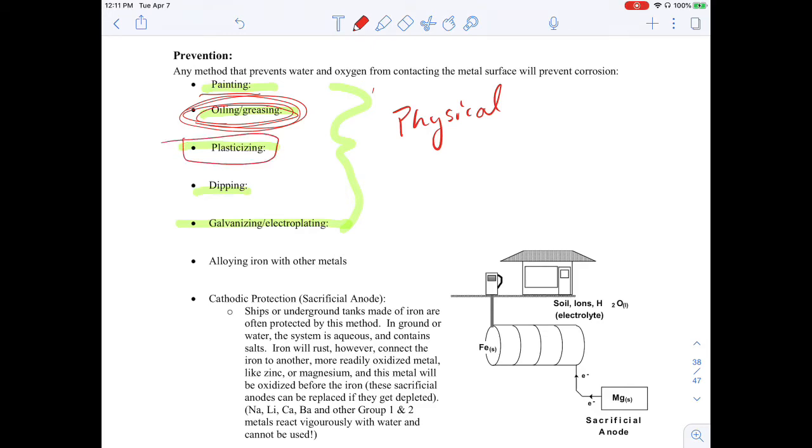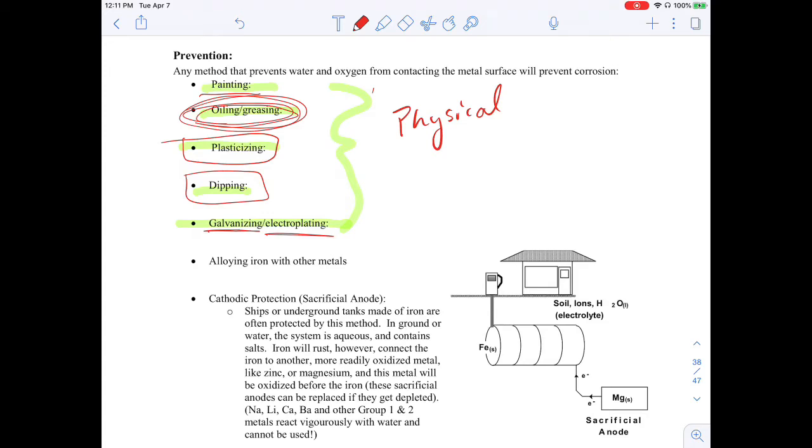Now we will have things coated in plastic. If you've got a plastic coating surrounding it, that creates a barrier. Dipping is just a different way of applying something to it. Galvanizing and electroplating, we're going to talk about how that process is done when we talk about electrolytic cells soon.